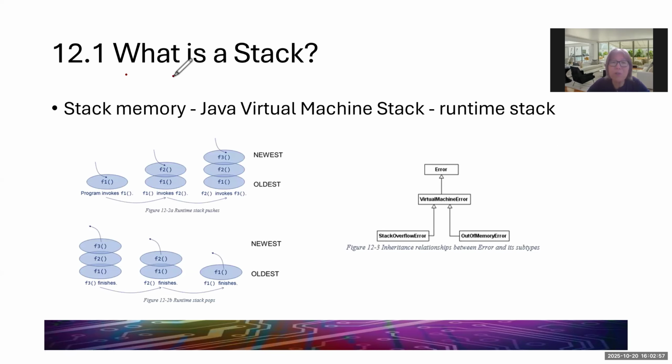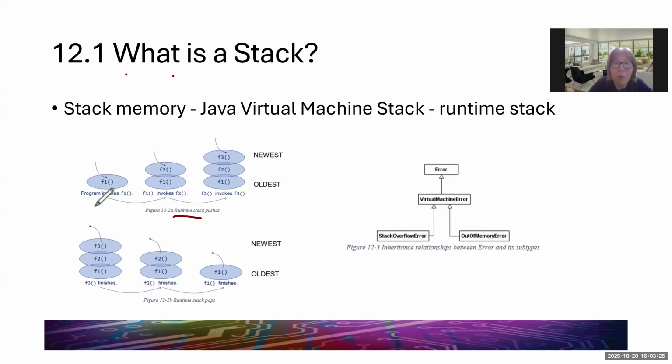Here it shows us the idea about the stack memory: how a method can call another method, and that method calls another method, but they won't lose track. When a method finishes executing, it knows to return back to the point. That's because of the runtime stack.